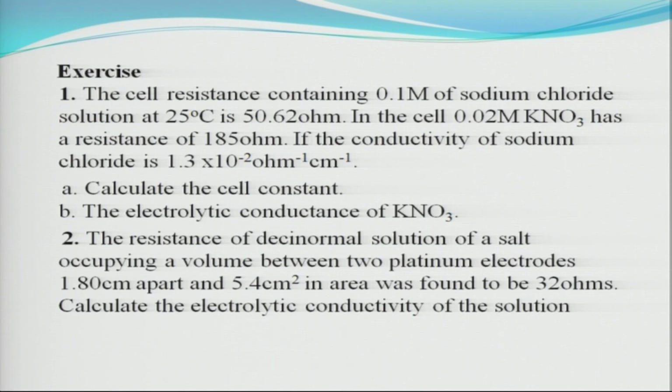So they have given us the L and the A. Then they are telling you to calculate the electrolytic conductivity. So it is easy, because they have given you L, A, and R. What you need to do is to substitute.